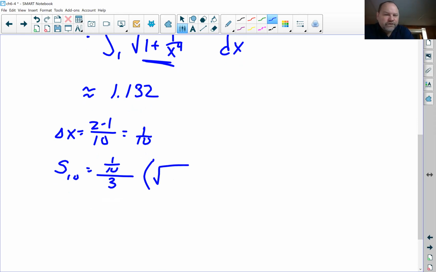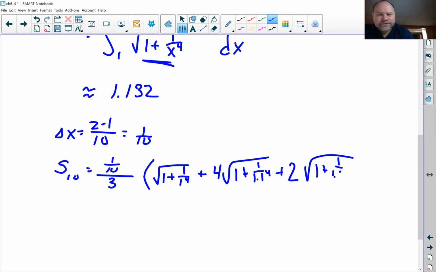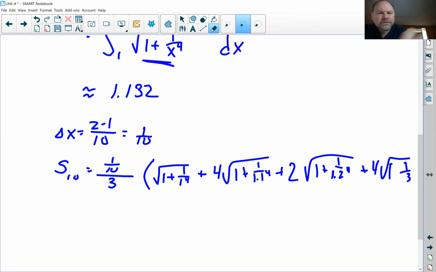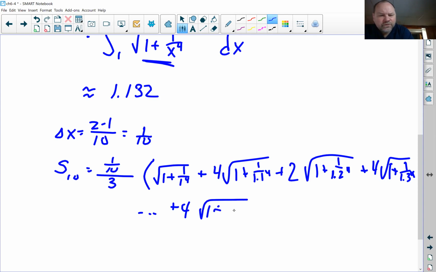So it would be the square root of 1 plus 1 over 1 to the 4th, plus 4 times the square root of 1 plus 1 over 1.1 to the 4th, plus 2 times the square root of 1 plus 1 over 1.2 to the 4th, plus 4 times the square root of 1 plus 1 over 1.3 to the 4th, and so on, until I end with 4 square root of 1 plus 1 over 1.9 to the 4th, plus the square root of 1 plus 1 over 2 to the 4th.